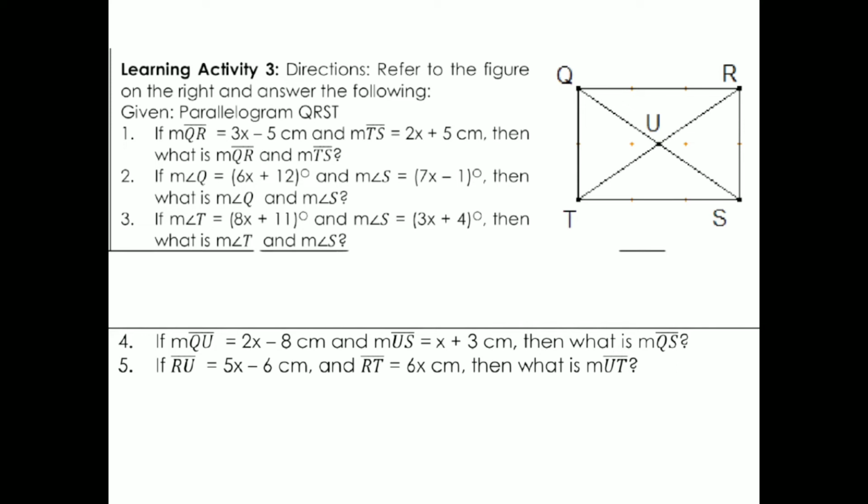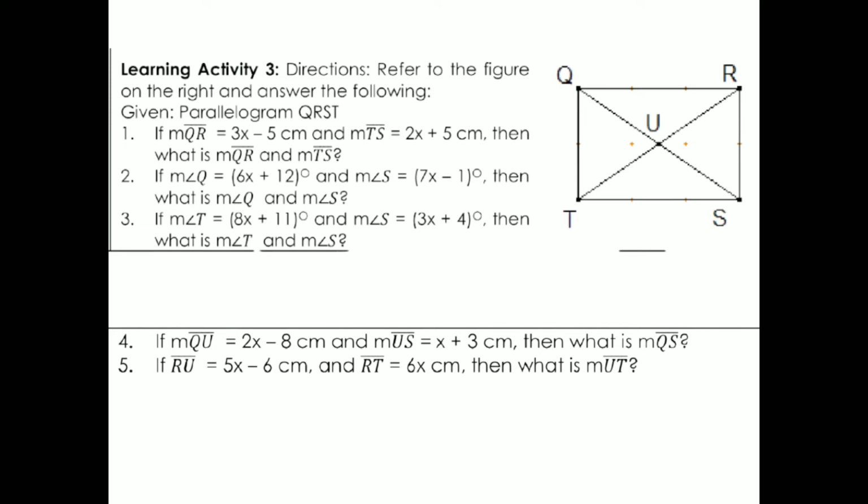Number 1: if side QR is 3x minus 5 cm and side TS is equal to 2x plus 5 cm, then what is the length of side QR and side TS? Recall the properties so we can apply them in getting the length of the side.